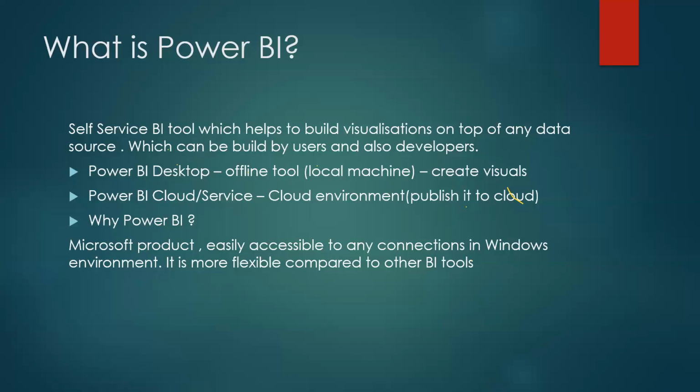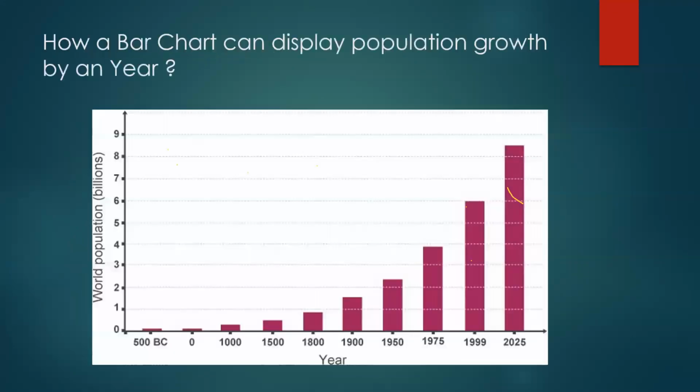If I go to two shops and get the same product in both, I will compare which is lower cost. If I purchase a cloth in shop A at a lesser cost than shop B, then I'll choose shop A. In the same way, if I compare Tableau versus Power BI, obviously Power BI is the cheaper technology. Then I can choose Power BI as my reporting environment and take my decision to use this.